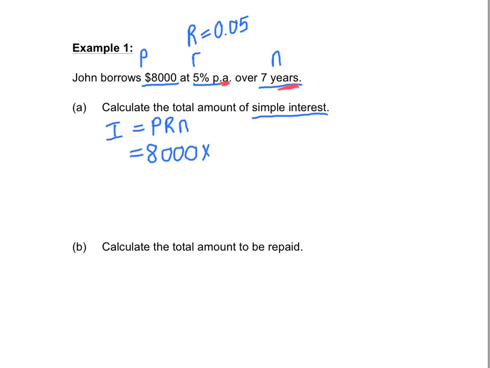The interest as a decimal, already divided by 100, is 0.05. And the number of time periods is 7. I multiply that using my calculator. I make sure I always give a unit in my final answer. And the total interest earned over the 7 years is $2,800.